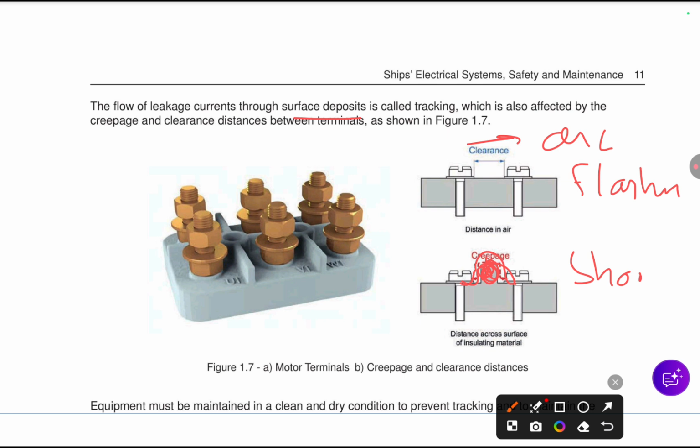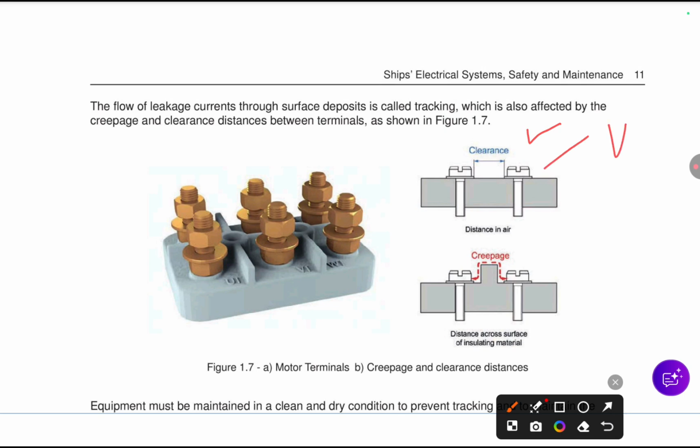In order to avoid these things, we need to maintain the creepage and the clearance. The clearance is set in the design stage, so we cannot do much with it. It is designed during design time. We understand what the voltage will be for this equipment, and on the basis of that we maintain the clearance.